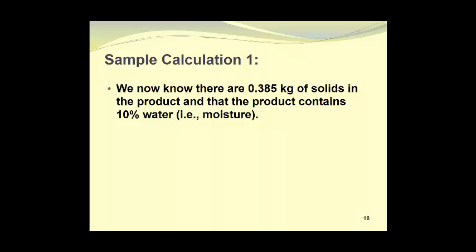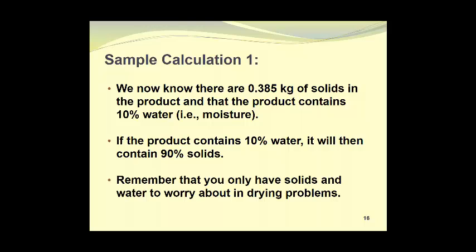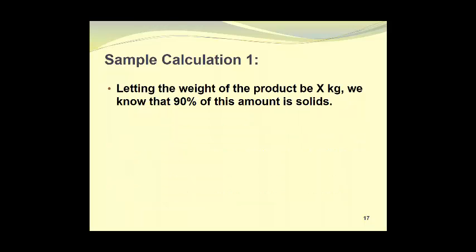We now know that there are 0.385 kilograms of solids in the product and that the product contains 10% water. If the product contains 10% water, it will then contain 90% solids. Remember that you only have solids and water to worry about in most drying problems.